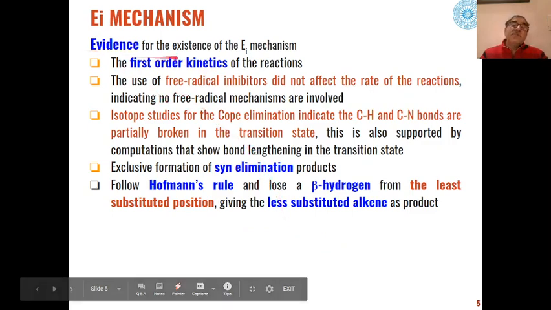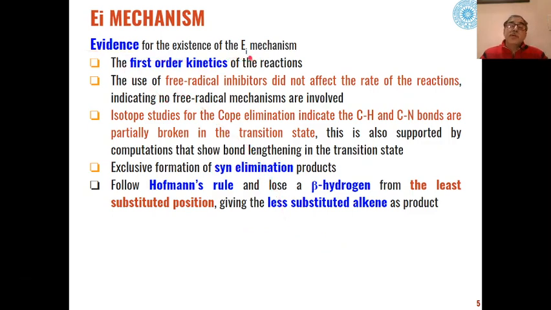The evidence for the existence of the Ei mechanism is, first, that it follows first order kinetics, that is, the rate of the reaction depends only on the substrate, not on any other species. This gives indirect evidence that the mechanism followed is the Ei mechanism. Then if free radical inhibitors are used during these reactions, the rate of reaction is not affected at all, which means no free radical mechanism is involved.